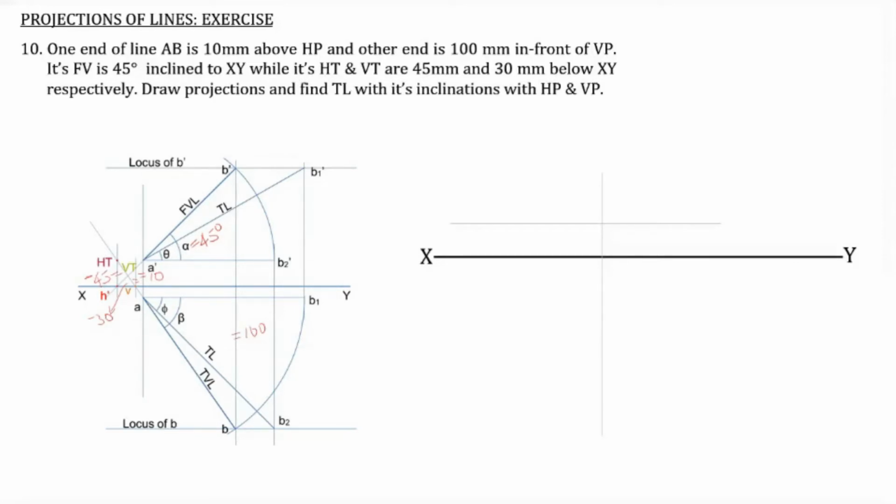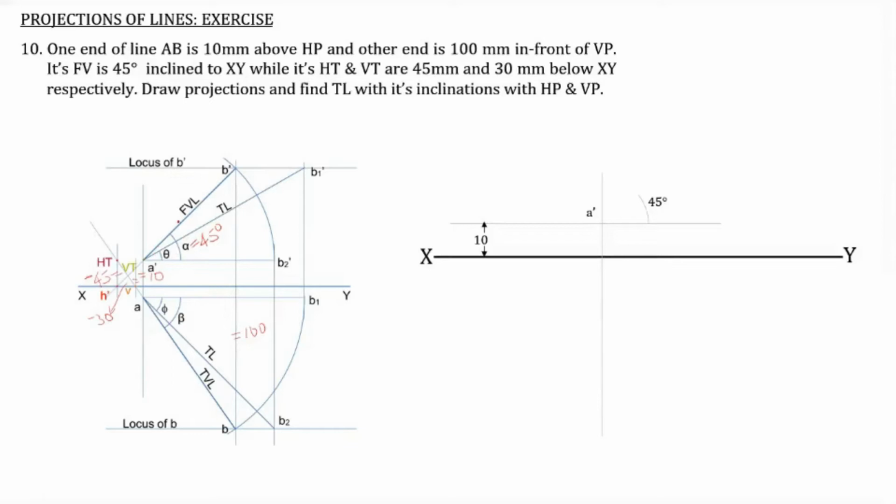This is to represent the A dash, 10 millimeter, so A dash is obtained. And then the length of the front view we don't know, but the front view is at an angle 45 degree.